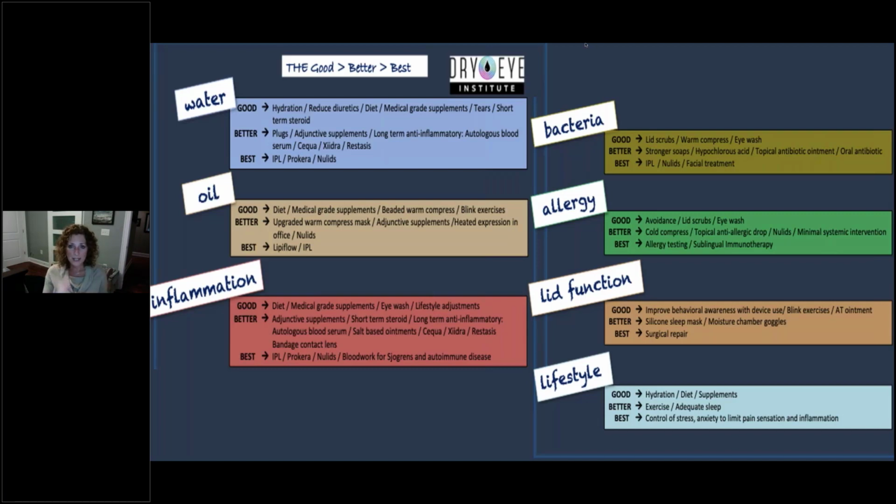So your Cequa, Xiidra, Restasis, there's a nasal spray now, blood serum tears made from your blood, there's steroids, there's antibiotics. And then best, hands down, there is an in-office procedure. It's a light procedure that helps reduce the inflammation. And basically, if the face is the tree trunk and the eyes are the branches, we're able to treat it from the tree trunk, so we're not spinning our wheels as much.